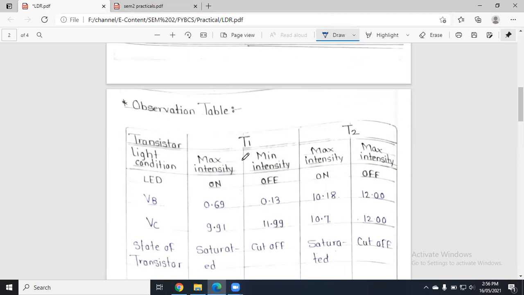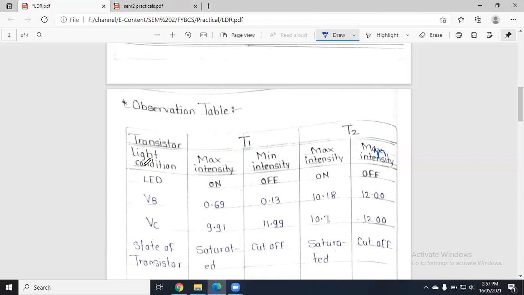For both transistors, we have to measure the maximum intensity as well as the minimum intensity. So for T1 we have two intensities, maximum and minimum. Similarly, for transistor T2 also, we are going to measure the maximum as well as the minimum intensity. So this is minimum.